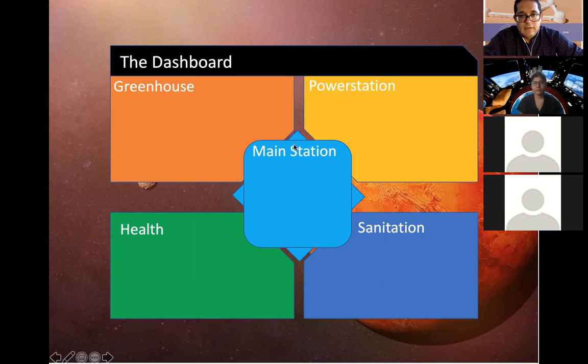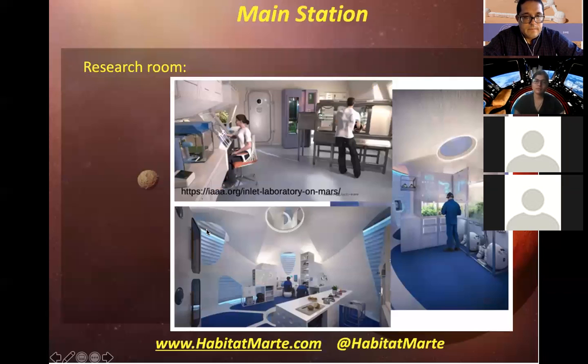In this case, in the main station, they will have control over the greenhouse, the power station, indicators, health data from the astronauts, and also sanitation aspects.